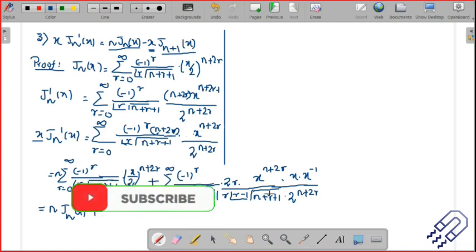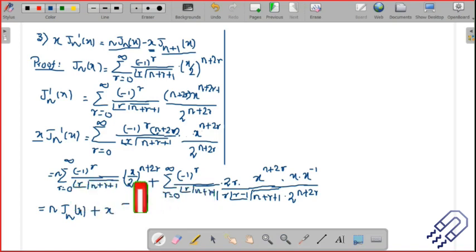Thus, I take out one x outside, so I take this x here, and then summation minus 1 to the power r divided by... sorry, I've written this two times. Just once.